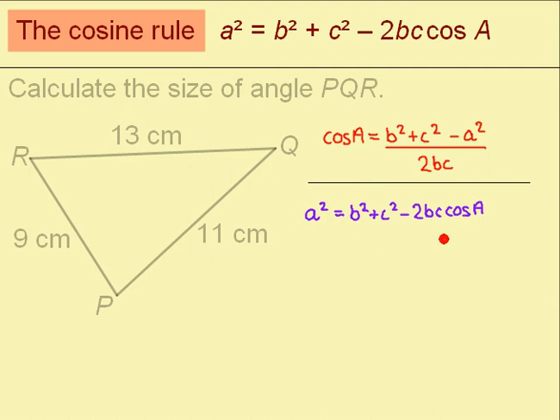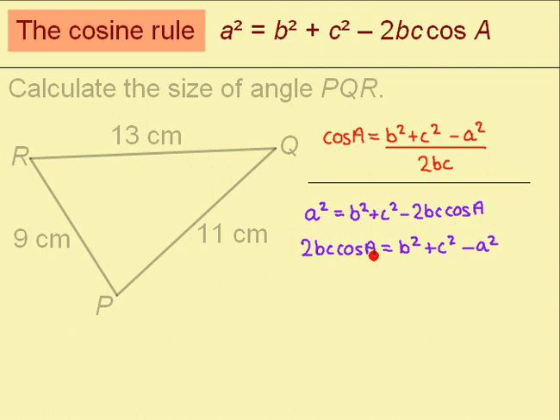I need to rearrange this to make cos A the subject, because cos A is the part with the angle. So the first move is to take this to this side and this to this side. So I get 2bc cos A equals b squared plus c squared minus a squared.